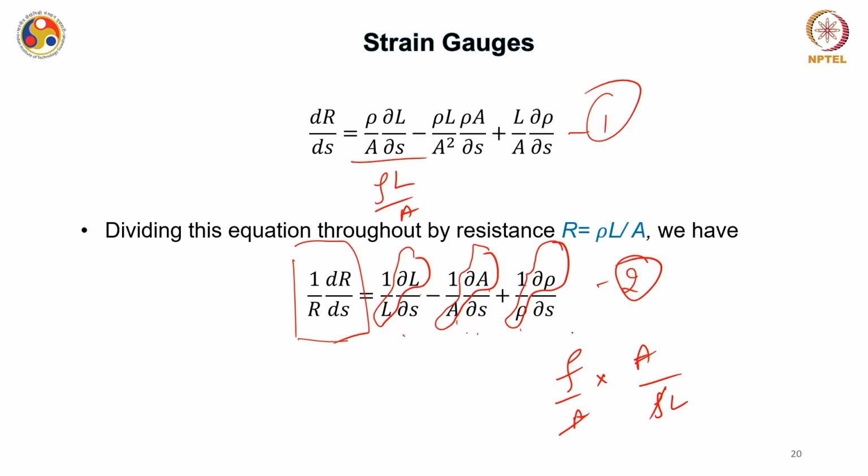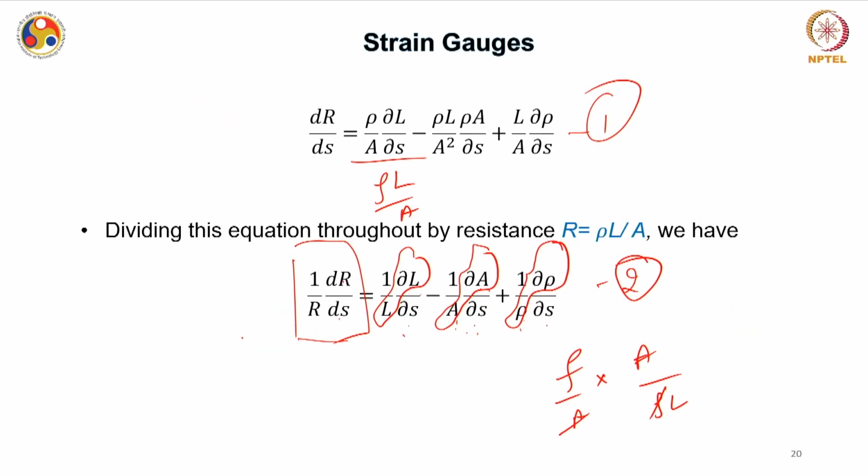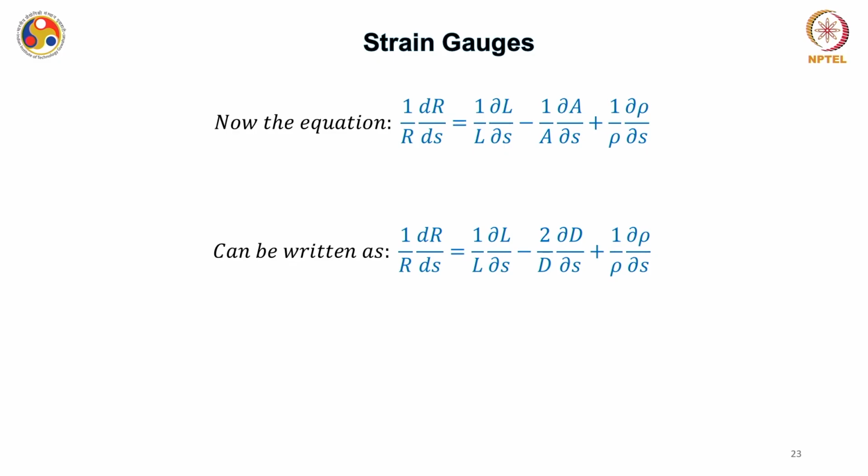Alright. Now, let us recall our equation 2, where we had got 1 by R del R by del S is equal to 1 by L del L by del S minus 1 by A del A by del S plus 1 by rho del rho by del S. And now, from equation 3, I substitute this second term, which we have got in the form of the diameter, 2 by d del d by del S. If I replace the second term with whatever value we have got in equation 3, we get 1 by R del R by del S is equal to 1 by L del L by del S minus 2 by d del d by del S plus 1 by rho del rho by del S, and I am calling this equation, say 4.